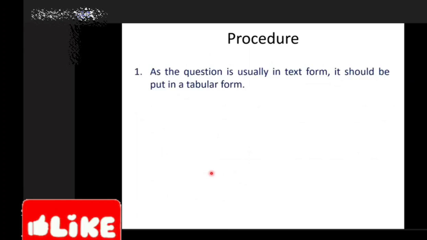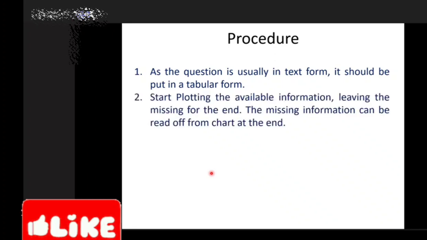As the question is usually in text form, it should first be converted into tabular form for easy working. Whatever is given, you document in the table. Whatever is to be found, you put a question mark there. Then you start plotting from whatever information is available, and whatever is missing, you just leave it. This will be found right at the end of the plot.